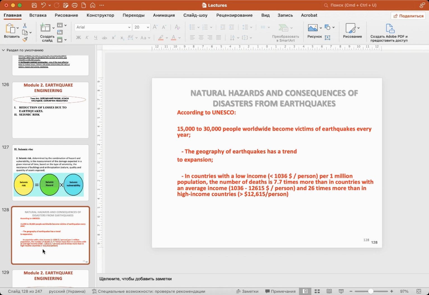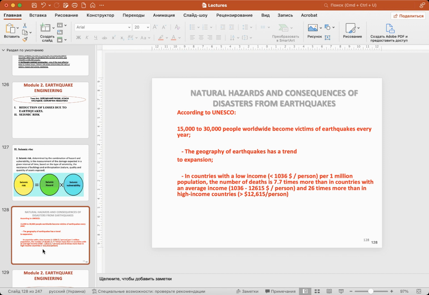And if you compare the poorest countries with the richest, with high income, more than $12,000 per year per person, in poorest countries we will get 26 times more deaths compared with the high income countries.